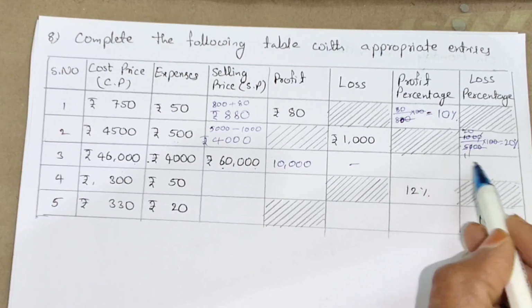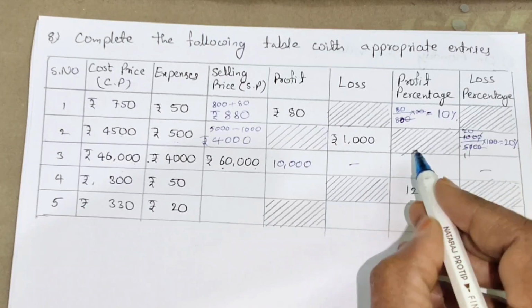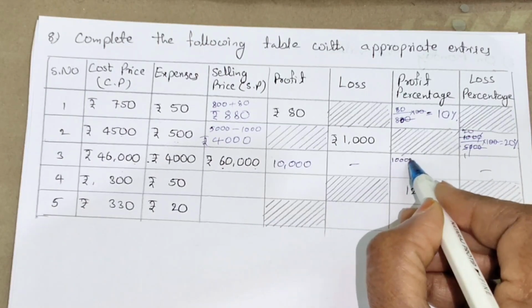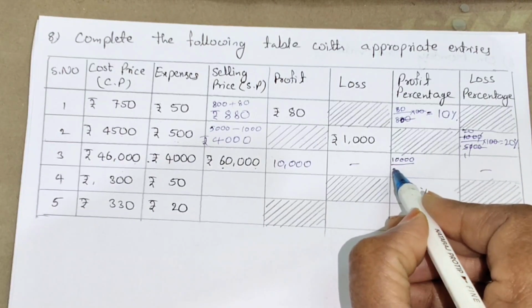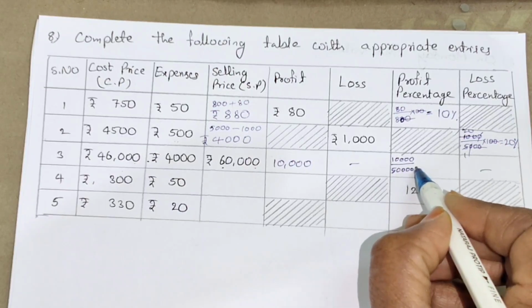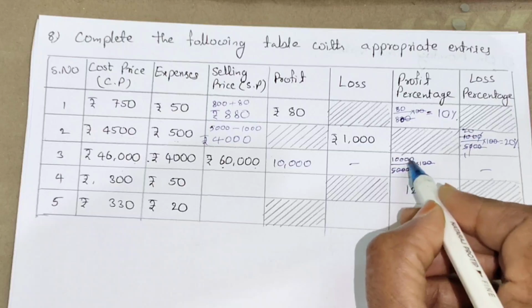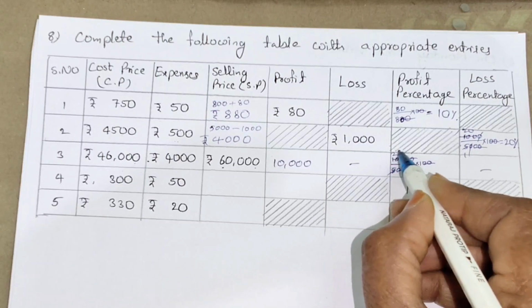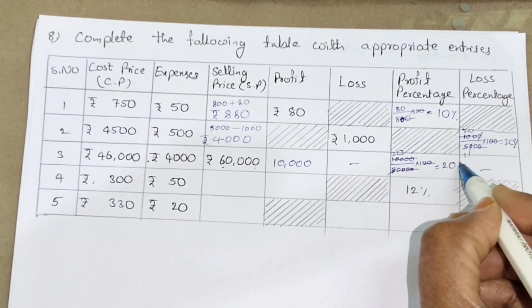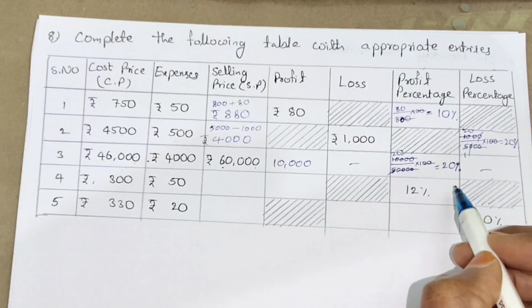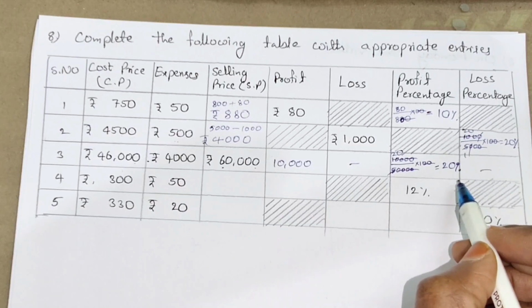Next we find the profit percentage: profit 10,000 by cost price 50,000 into 100. Two zeros get cancelled. So 20 percent is the profit.